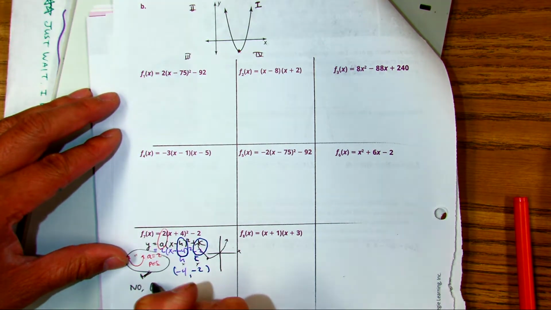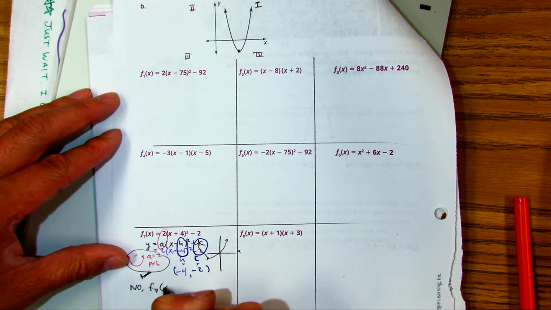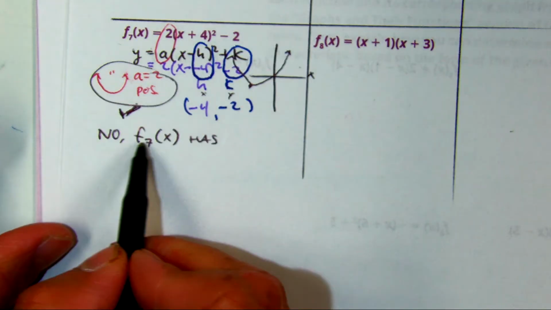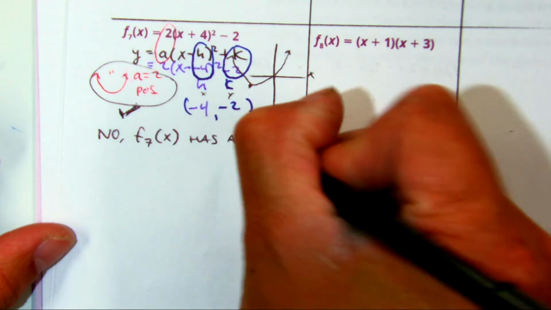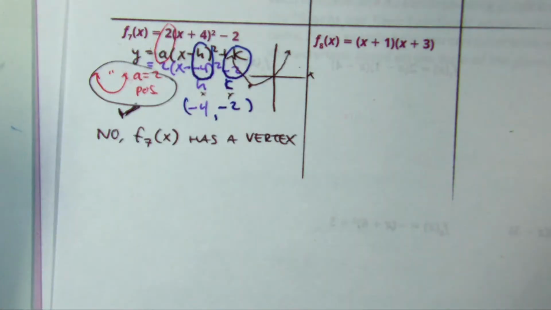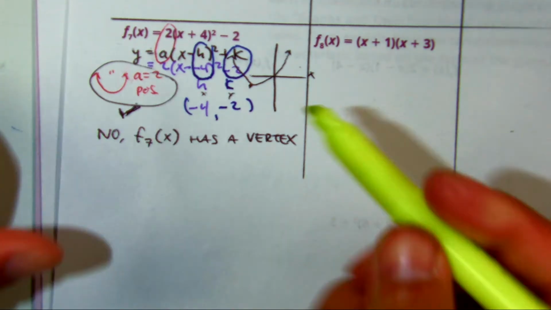you could say the 7th function, f7 of x, so the 7th function has, let me zoom in for you. No, the 7th function has a vertex, let's make this clear for you.